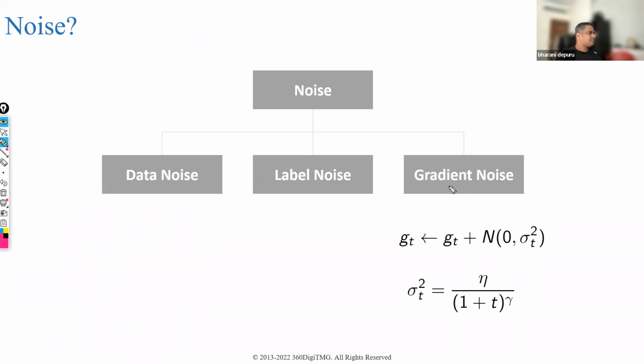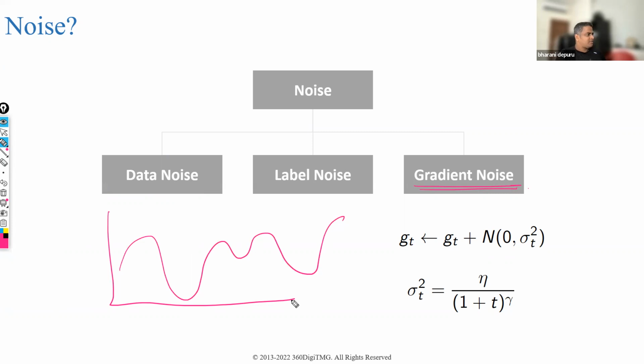Then you also have something called gradient noise. Updating the weights. Gradient is nothing but rate of change. If you have an error surface like this, you update the weights, you reduce the loss. Again you update the weights, again you reduce the loss.